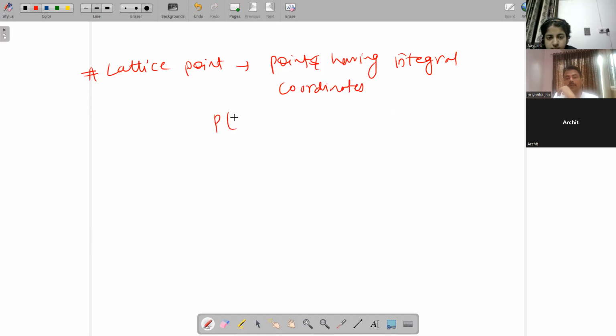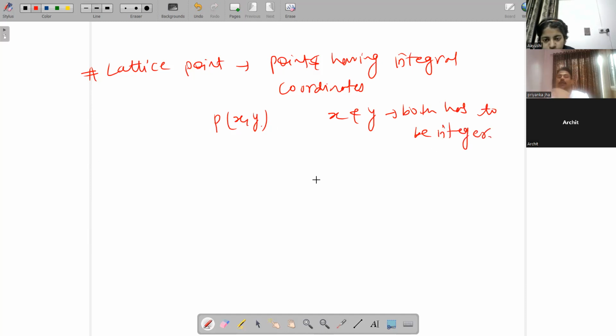Suppose P is a general point whose coordinate is X comma Y. So X coordinate is X and Y coordinate is Y. X and Y both have to be integers. Those points will be called lattice points.